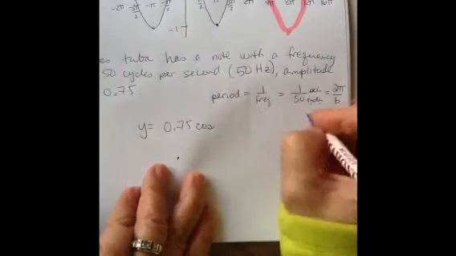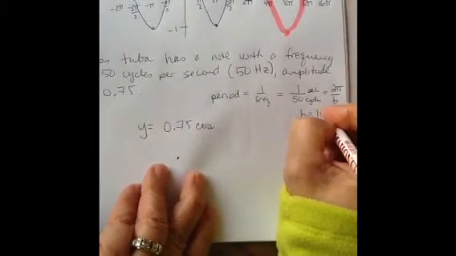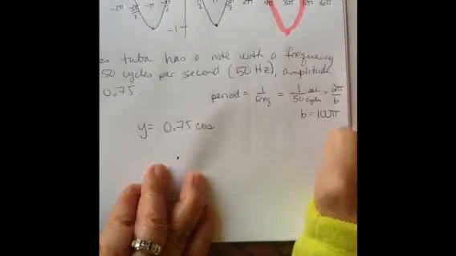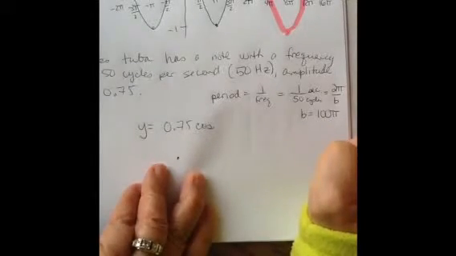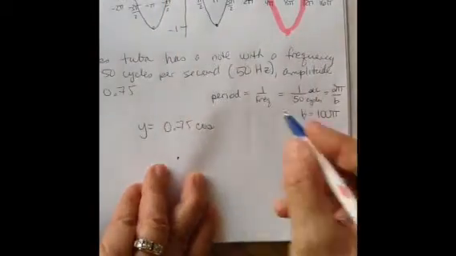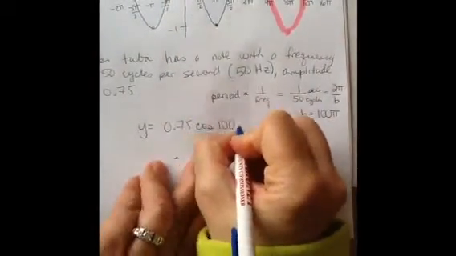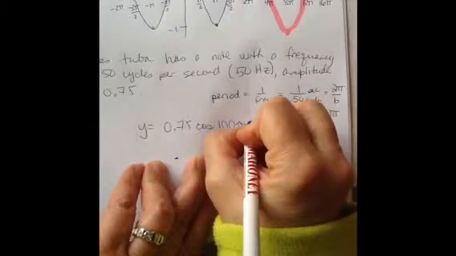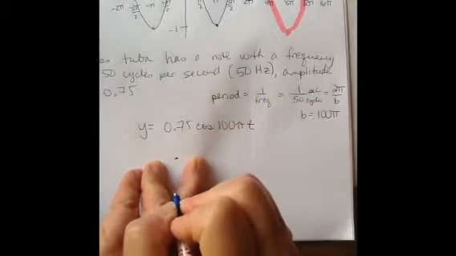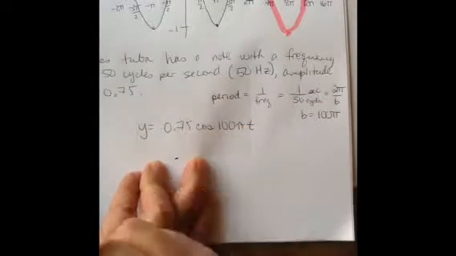So I'm going to cross multiply, and I get 100 pi is my b. So what I'm going to do now is call this 100 pi, and I'm going to multiply it by time so I can get rid of the seconds. That's how you would do this.